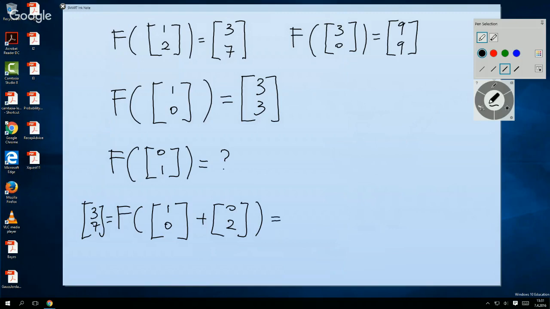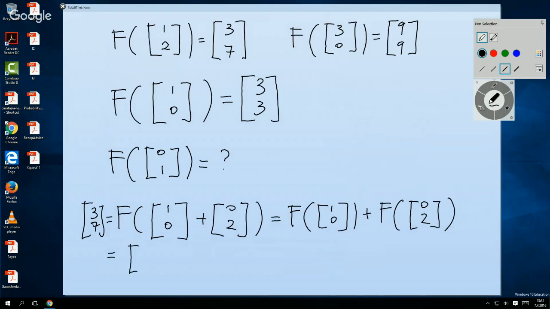So what is this thing equal to? f of (1, 0) plus f of (0, 2). Well, I know what f of (1, 0) is. I just calculated it. So this thing is actually equal to (3, 3) plus f of (0, 2).